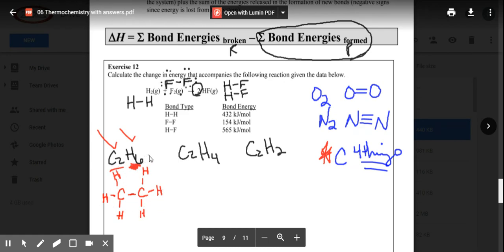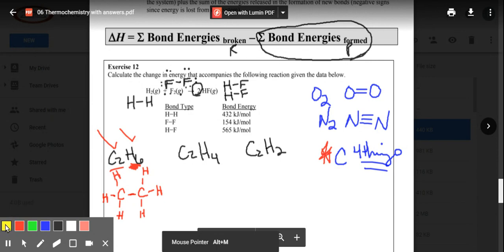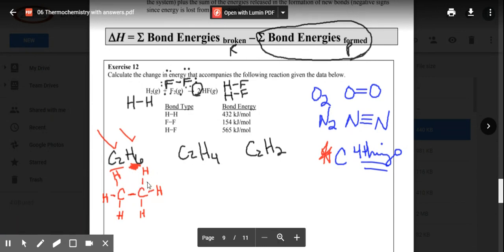Now let's also pay attention to how many bonds and what different types of bonds that we have present here. So let me get this yellow marker here. Notice how I have 1, 2, 3, 4, 5, 6 CH bonds there. So 6 CH bonds.